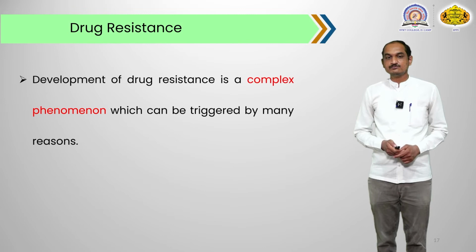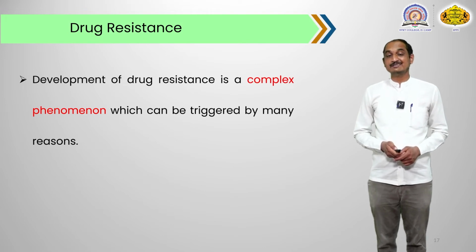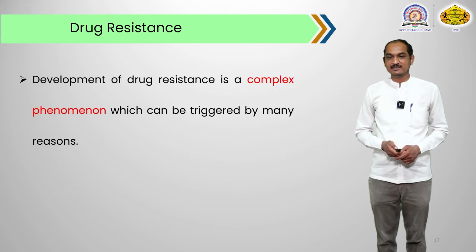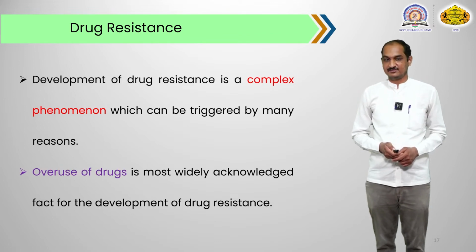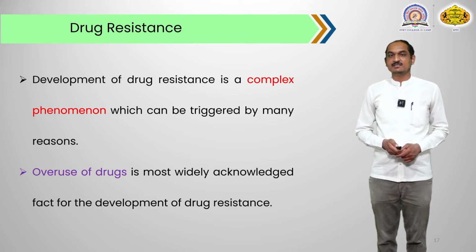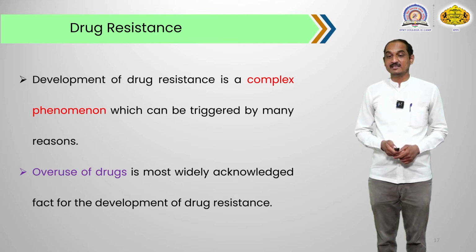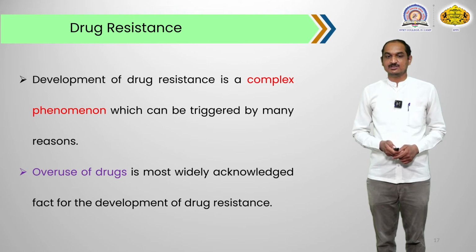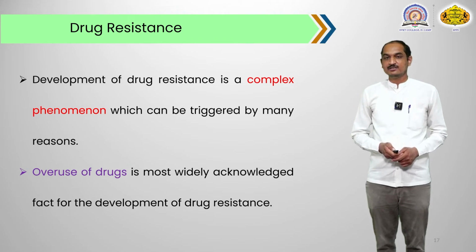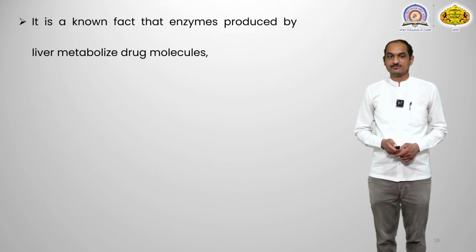So the development of drug resistance is a complex phenomenon which can be triggered by many reasons. And in that, overuse of drugs is the most widely acknowledged factor for the development of drug resistance.